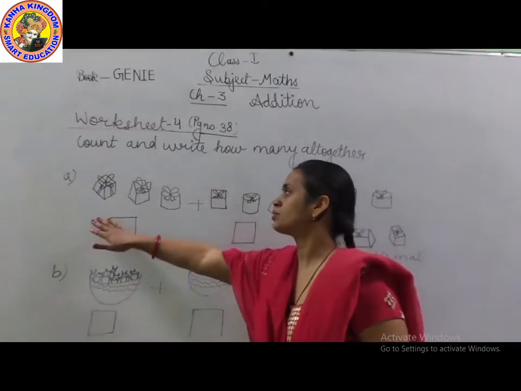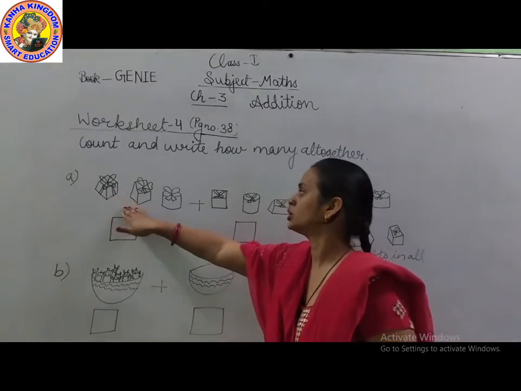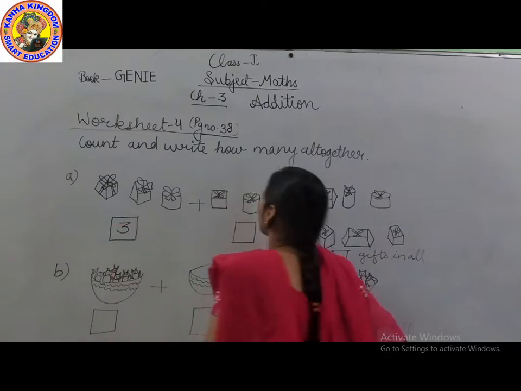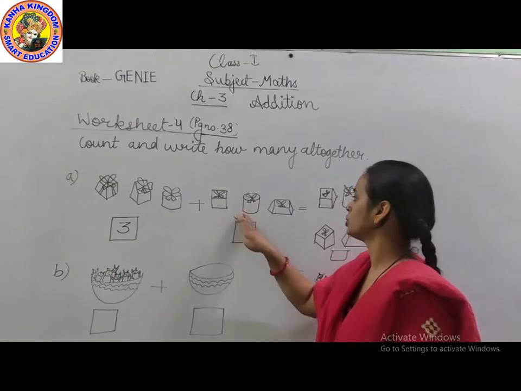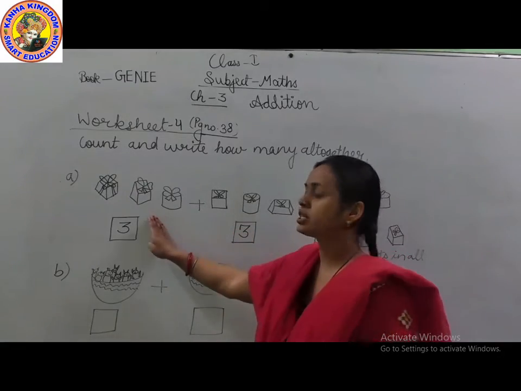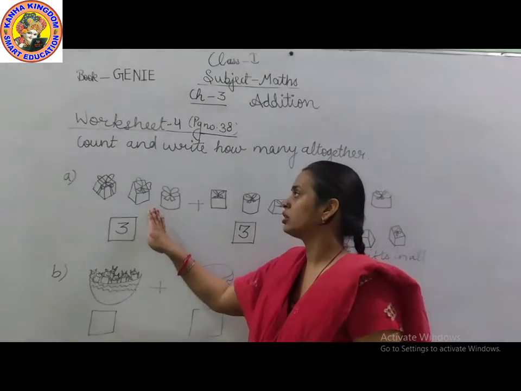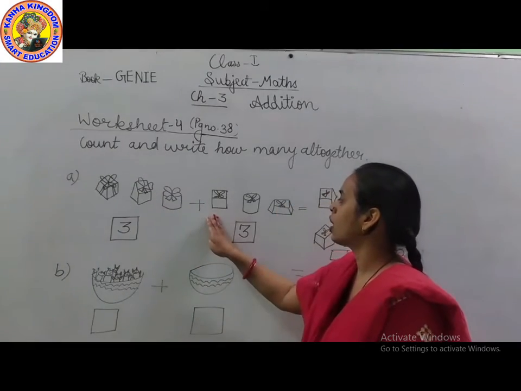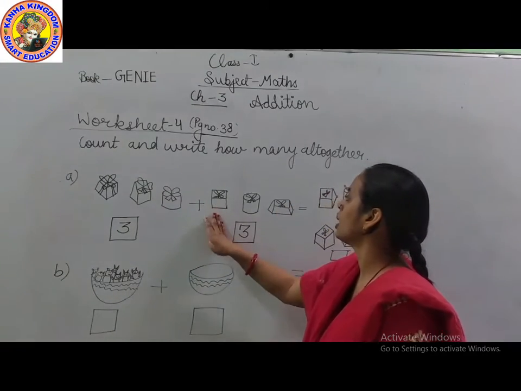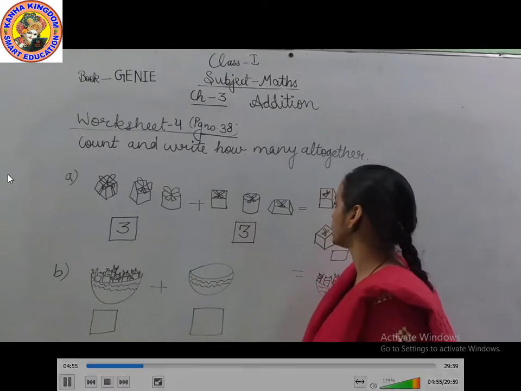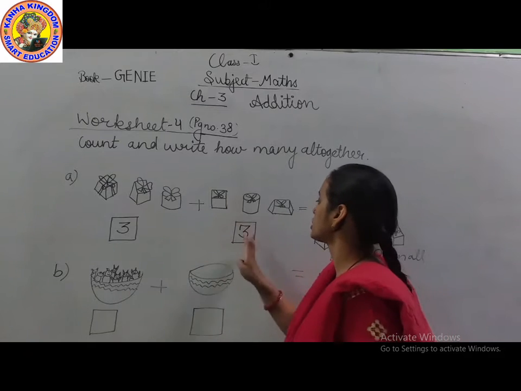So how many in the first picture? 1, 2, 3. So there is 3 and 1, 2, 3. How many gifts in the first picture? 1, 2, 3. Now, how many gifts in the second? 1, 2, 3. So we write here 3 and 3. So 3 plus 3.